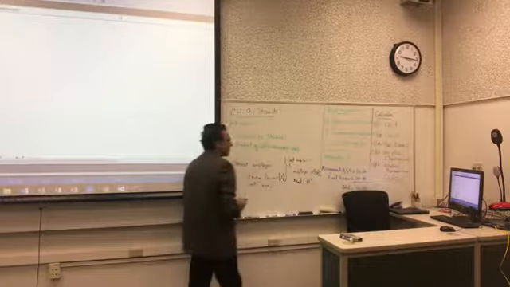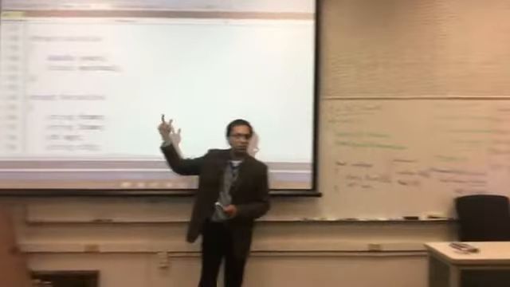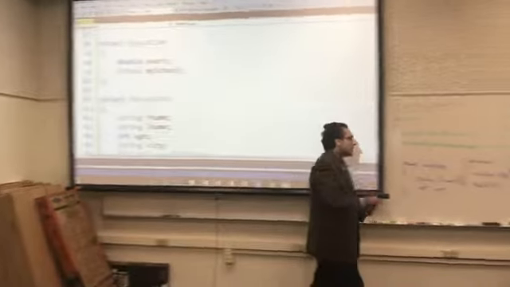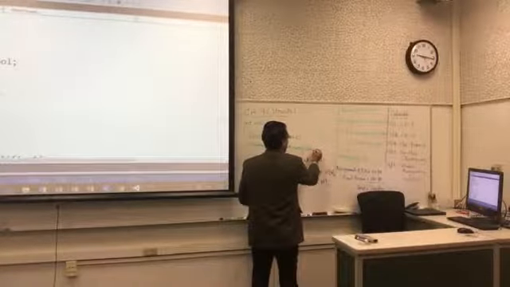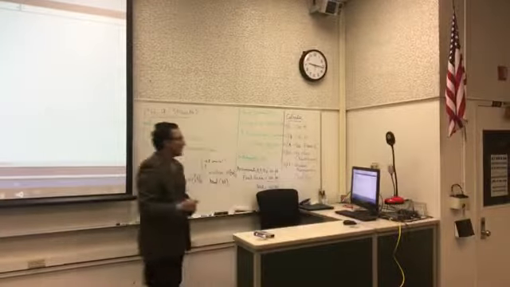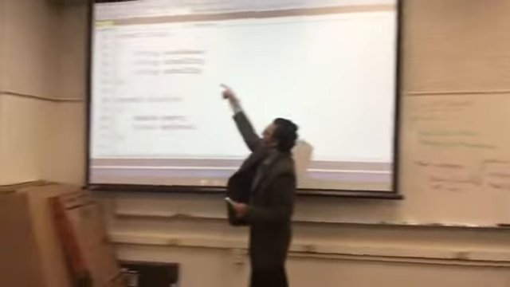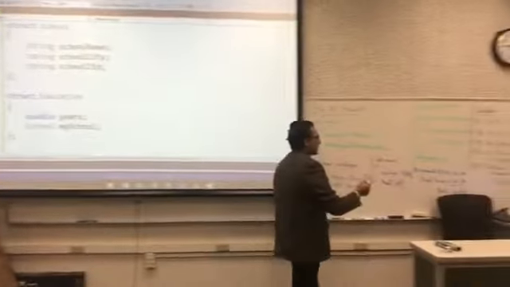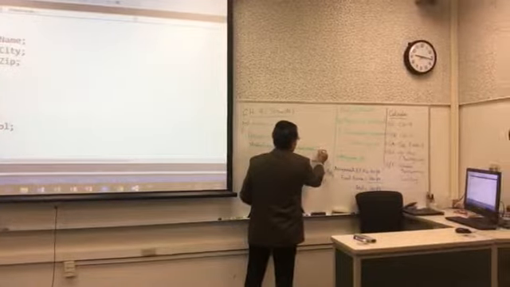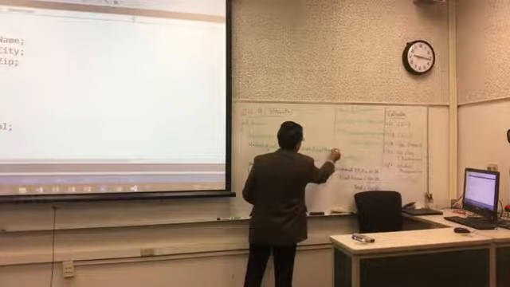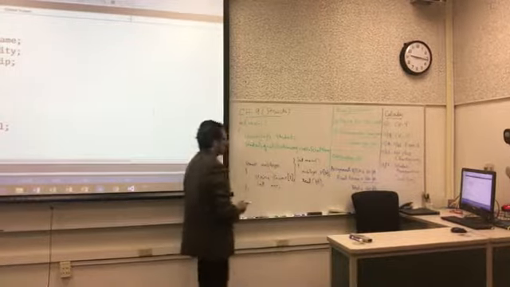Then my school is also a data structure type. My school is not a simple variable. Then I put another dot notation here, and it's going to show me what exactly is included in my school. So those are the three things included in my school. Then I pick school name, and I can populate it. I don't have space here, I can populate it here.